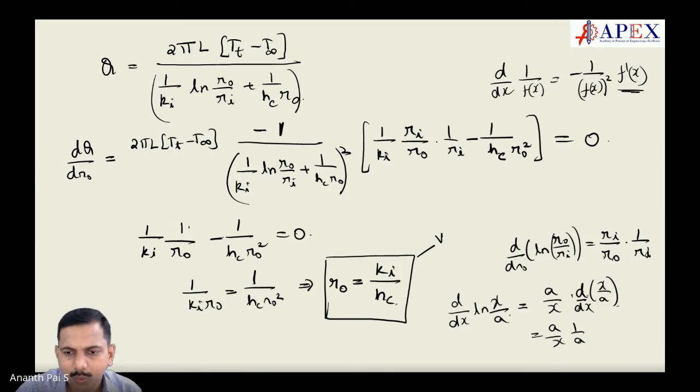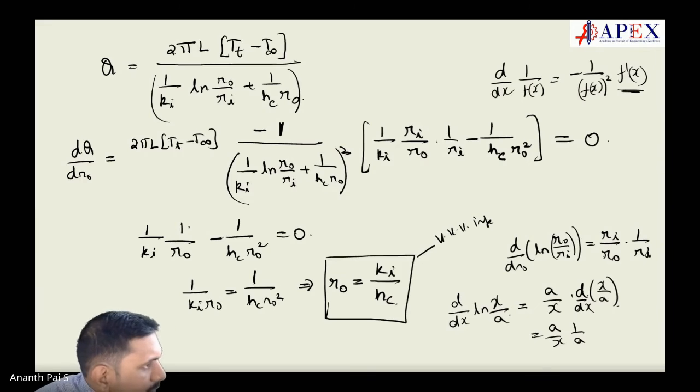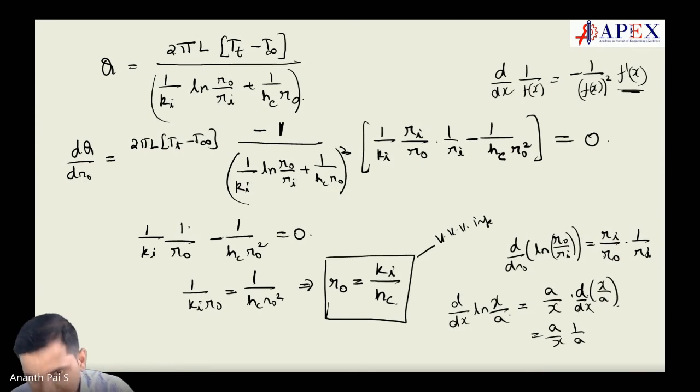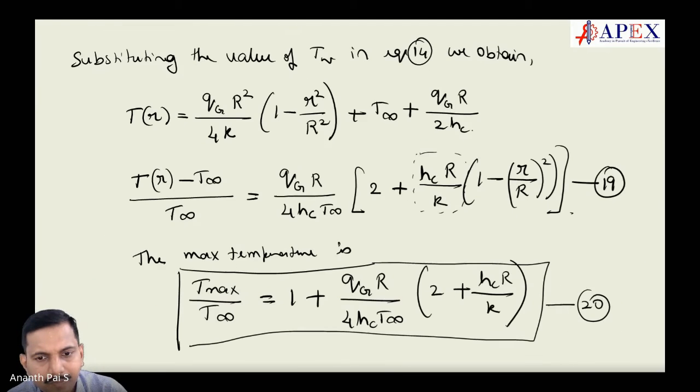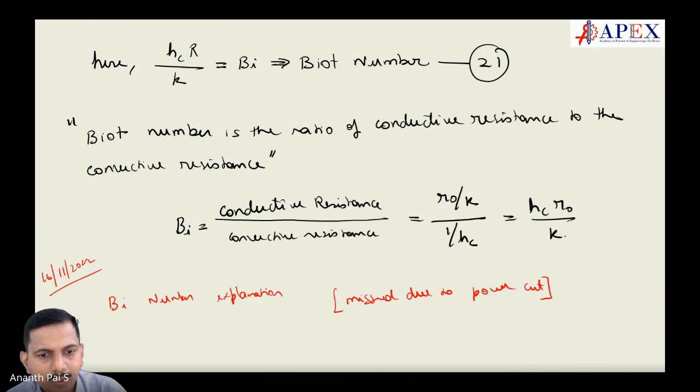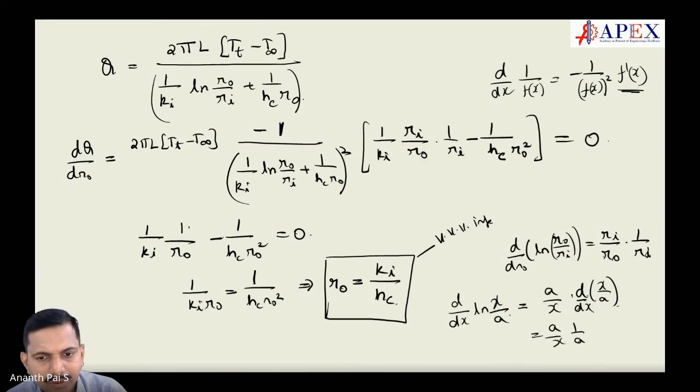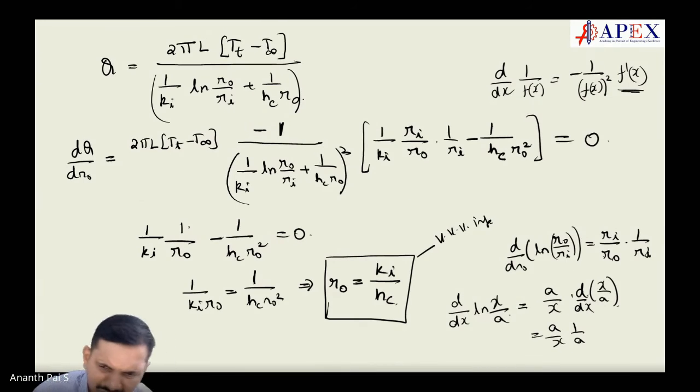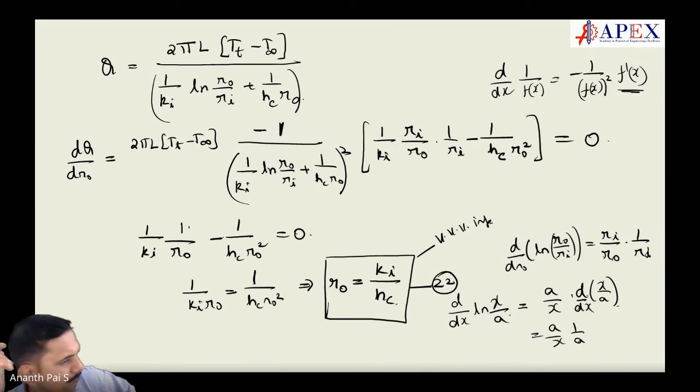Important. Ki by h, very, very, very important. The equation number is 21. Let this be 22. It is very, very important.